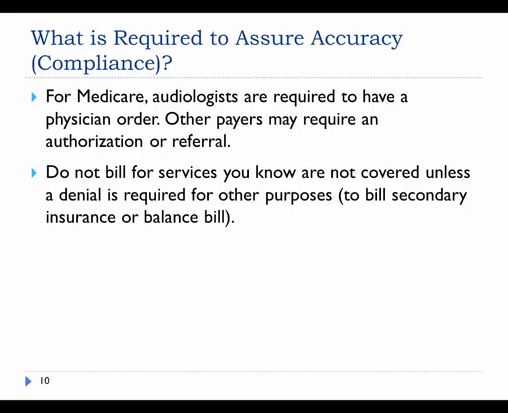So, when billing Medicare for an evaluation related to amplification, you must use a code that signifies to Medicare that you understand that this is not a covered benefit, but that you need a denial to be able to bill a private health plan. Your documentation must reflect that you have billed Medicare in order to receive a denial, so that a secondary insurance or third-party payer may be billed.